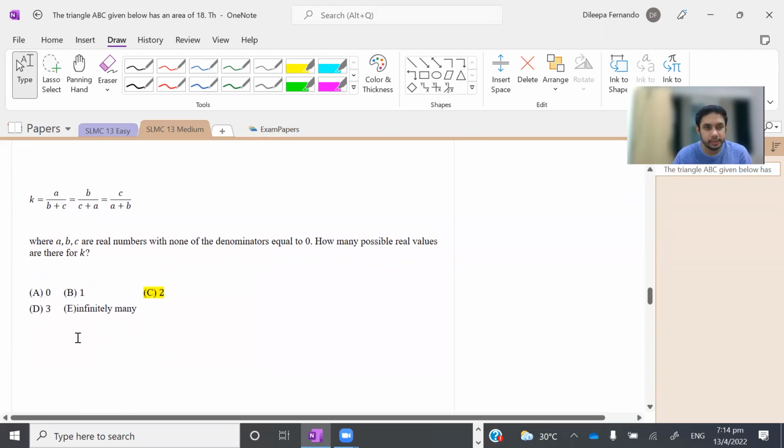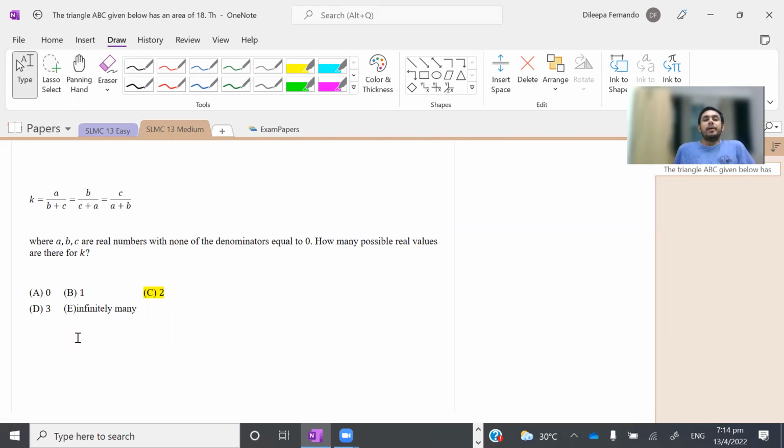So that means we need to construct an equation and solve it for k, and just find out how many values there are for k. So how can we do it? Since b plus c, a plus c, a plus b are non-zero, we can see there is some connection between the denominators and numerators.